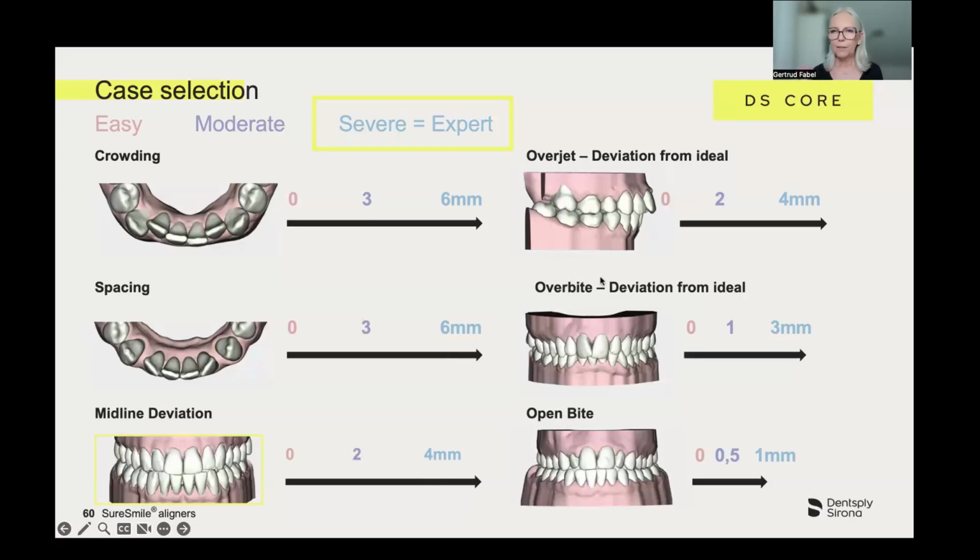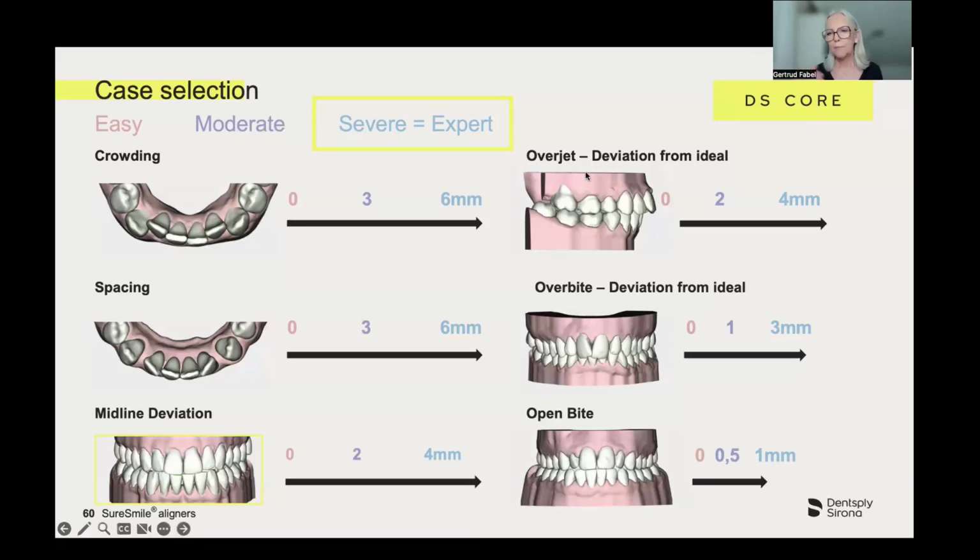Overjet and overbite. So this is a little bit more difficult. Deviation from ideal, what does that mean? An ideal overjet and overbite is considered to be about 2 millimeters. So a deviation from ideal up to 2 millimeters, which means an overjet of 4 millimeters, is to be treated by ourselves.